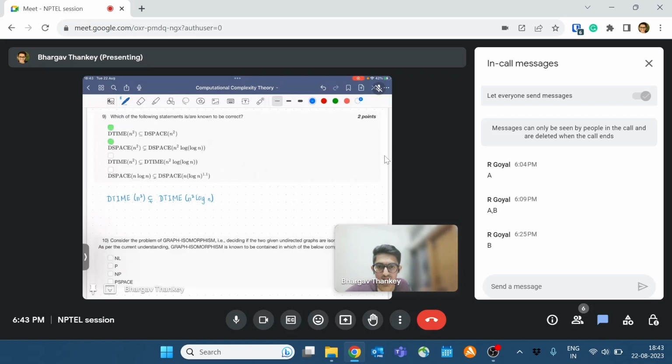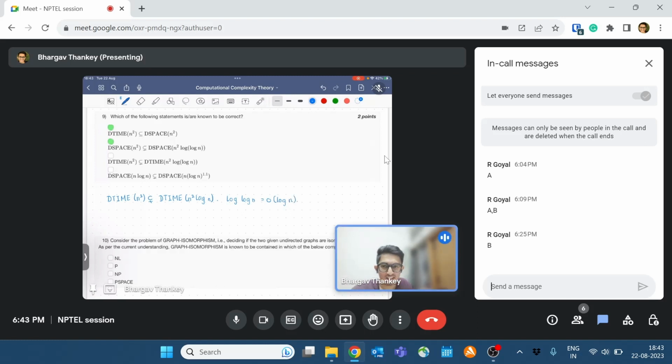I'm not sure whether this log of n is larger than this n square. Is it a small o of log n or not?